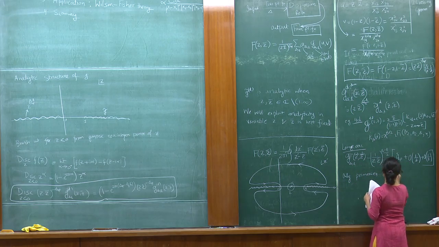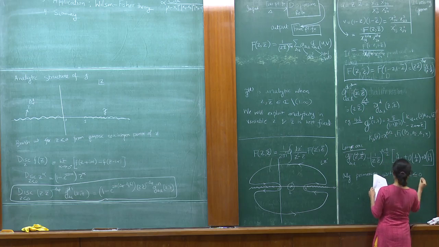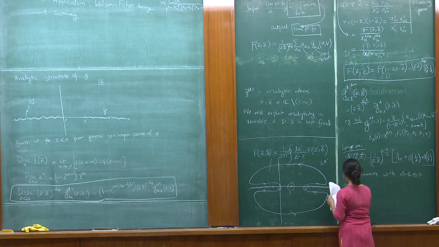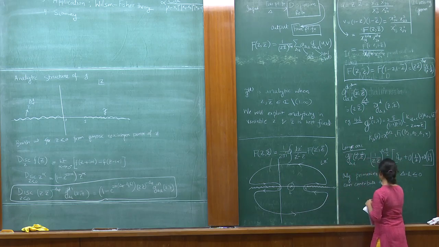Now see, because of this power we can say that only primaries with delta minus L negative or 0 can contribute to the arc at infinity.